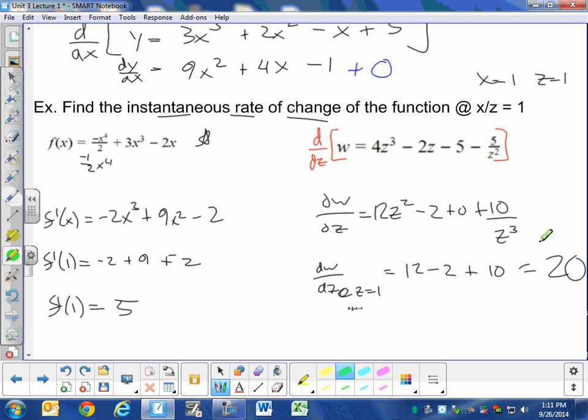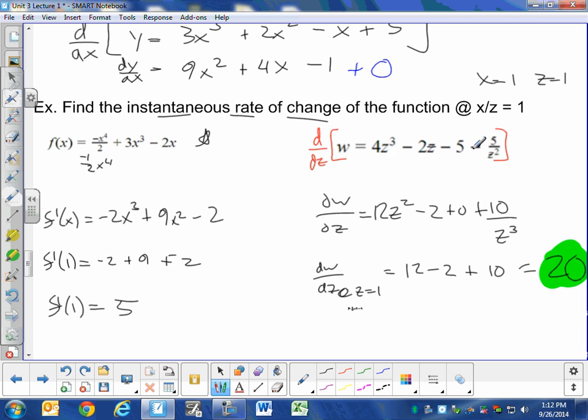And I get 20. This is a 2, not a z. My z's I put lines through.